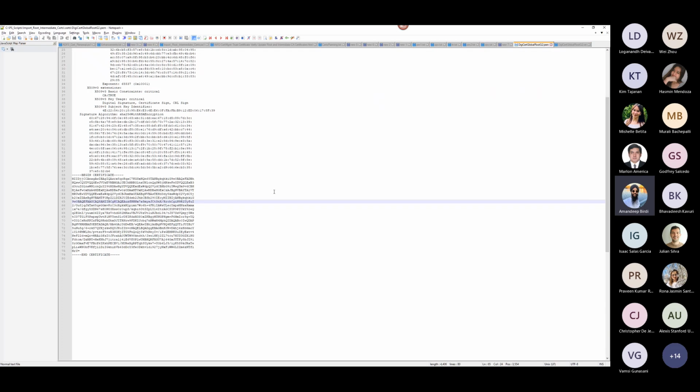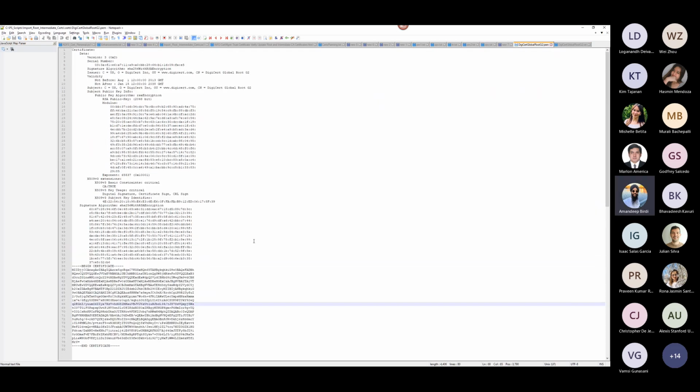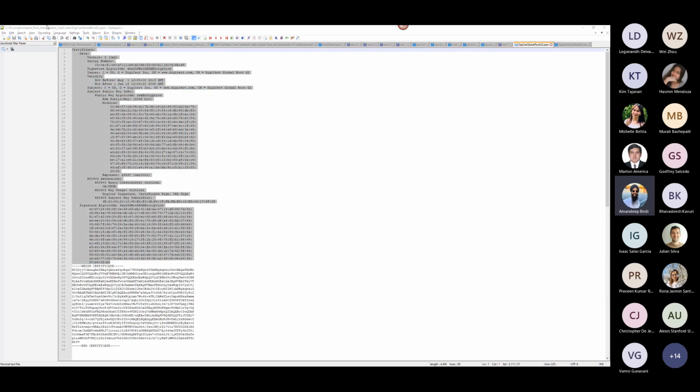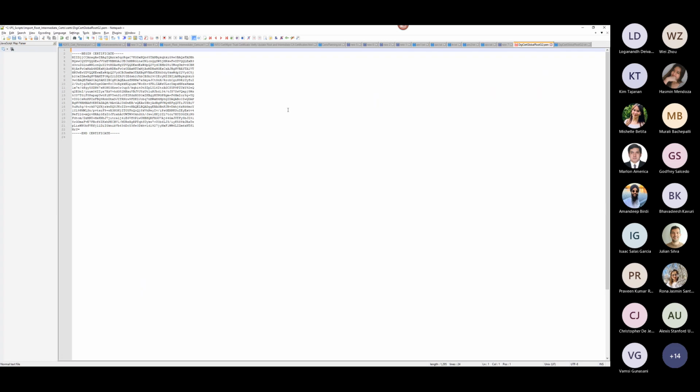If you open a PEM file, it's more readable, right? There's stuff in there that actually makes sense. I can tell from this one that this is issued to and issued by DigiCert Global Root CA, and this piece here is not even necessary. I could remove all this in this file and only save this, right? And that would be enough.